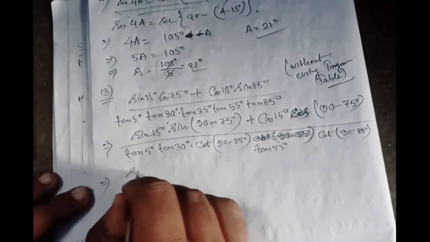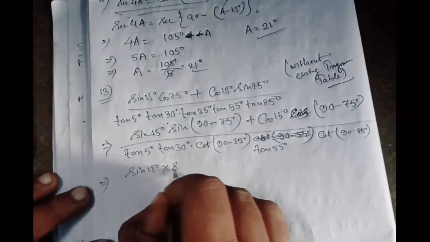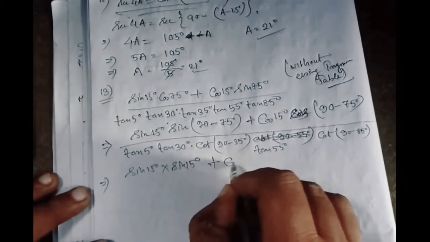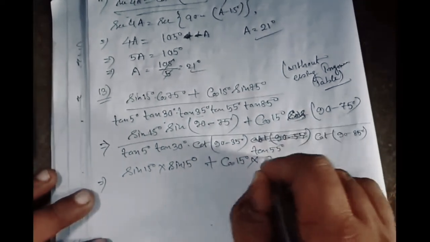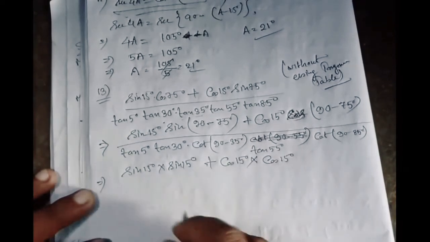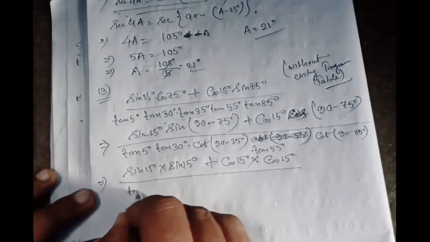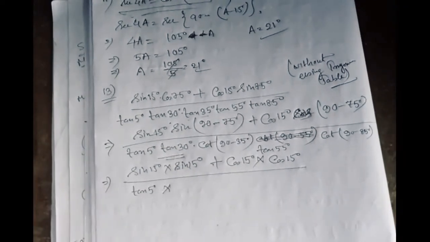Sin 15 degree, this is also sin 15 degree, plus cos 15 degree, this is also cos 15 degree, divided by tan 5 degree, tan 30 degree.